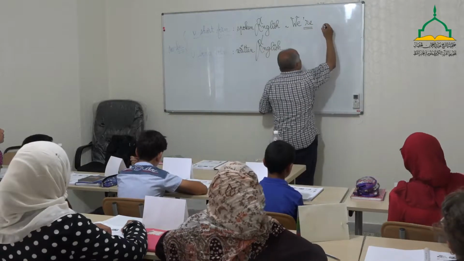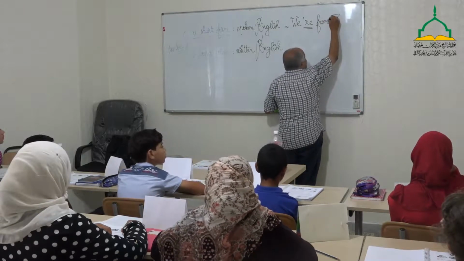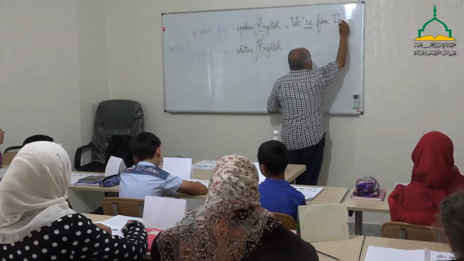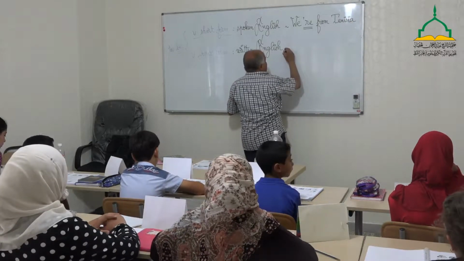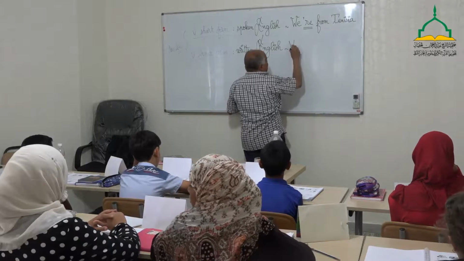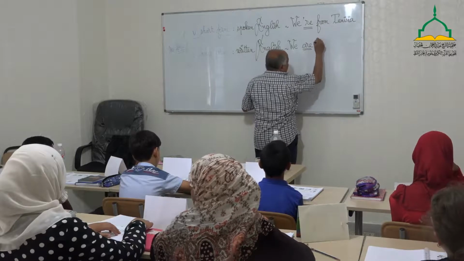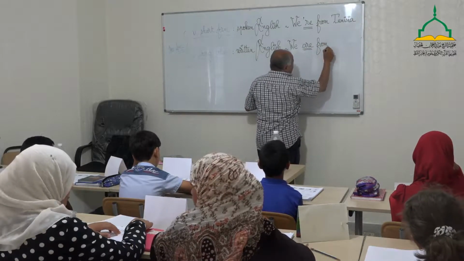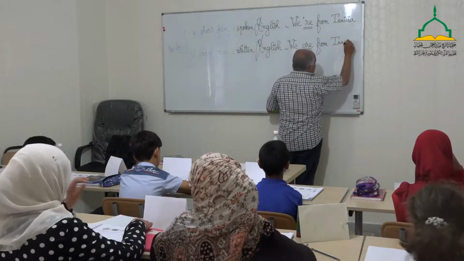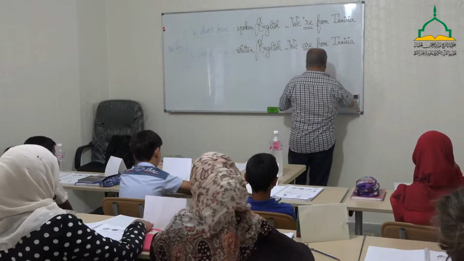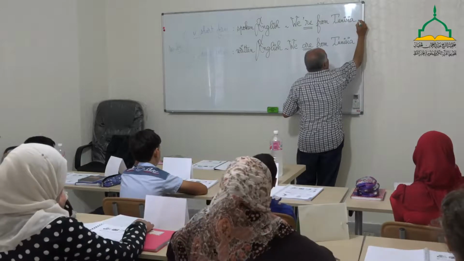We're from Tunisia. So all of us are from Tunisia. This is the short form. We're from Tunisia. Yes, here of course when we write we are from Tunisia. And of course, at the end of every sentence, we mustn't forget to put a full stop.